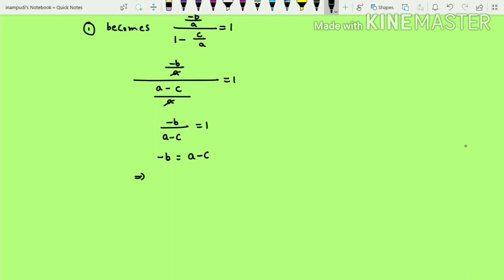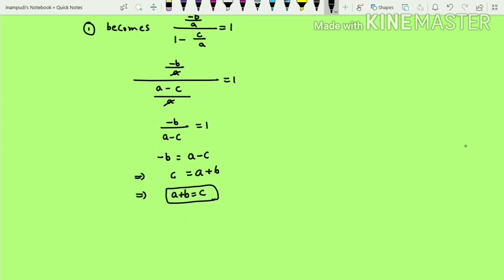Here minus b equal to a minus c. The minus b becomes plus b on the other side, minus c on this side becomes plus c. We can write a plus b equal to c. What is the relation between a, b, c?